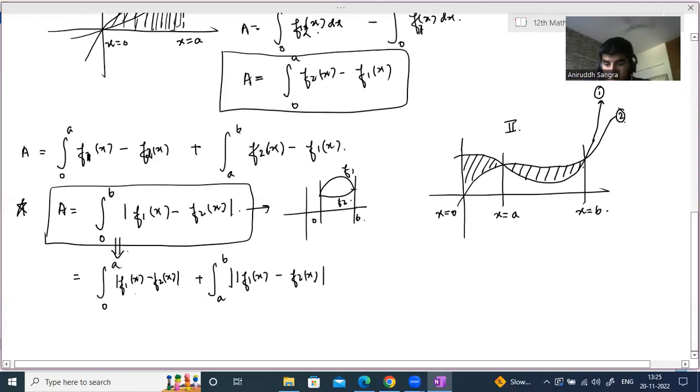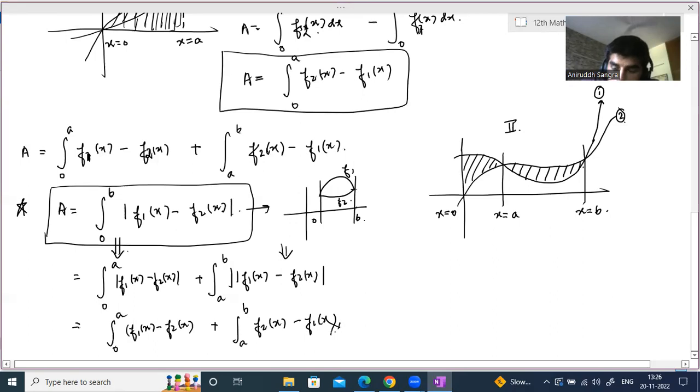Now we realize that from 0 to a, f1x minus f2x will be positive, so we can remove the mod. And from a to b, in order to make this difference positive, we should ideally do f2x minus f1x.